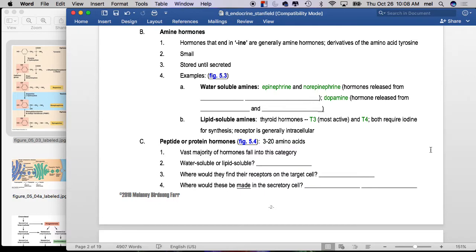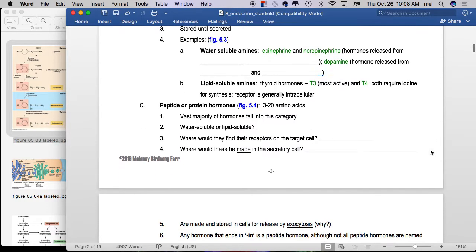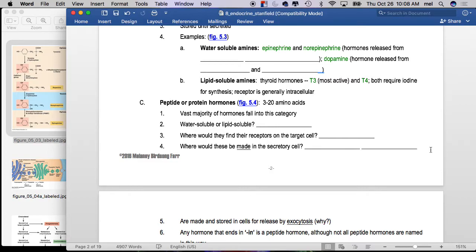Okay. All right. Now, there are two lipid-soluble amines that fit into a category kind of by themselves, lipid-soluble amines. They both come from the thyroid. I don't want you to try to write down the long name because we'll learn it later when we actually do the thyroid. The abbreviation for them is T3 and T4, but just listen to the long name, okay?